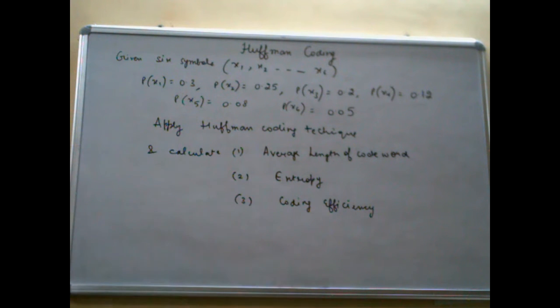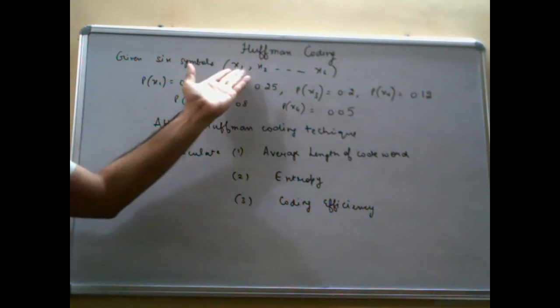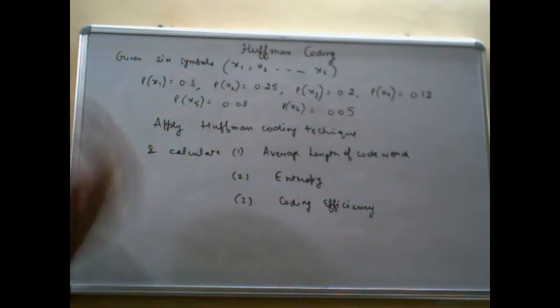Now, before starting this question, some important points to remember. Whenever you are taking these symbols, you should take them in such a manner. In this question, it is already given: x1, x2, x6, and so on.